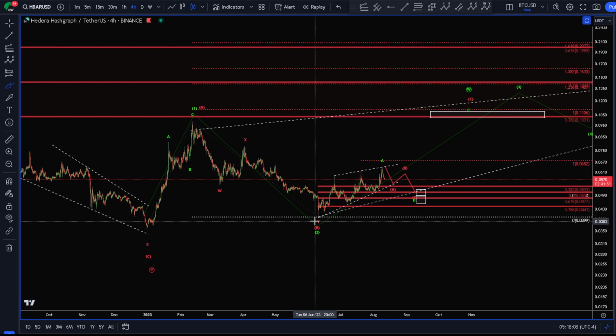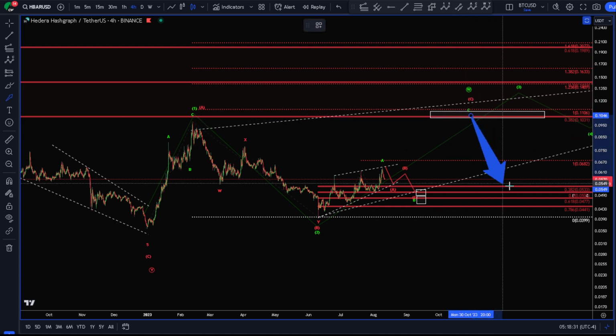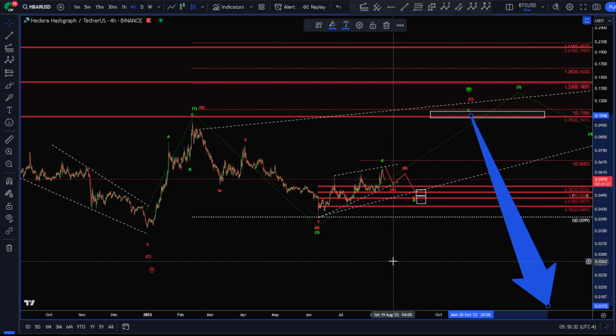And currently I have a leading diagonal as our A wave or 1 wave. If this is a flat, we'd expect 5 waves up. If it's a double 3, we'd be expecting a WXY at the 1-to-1. So as you can see, if this is the 4th wave, we'd expect rejection there for new lows.